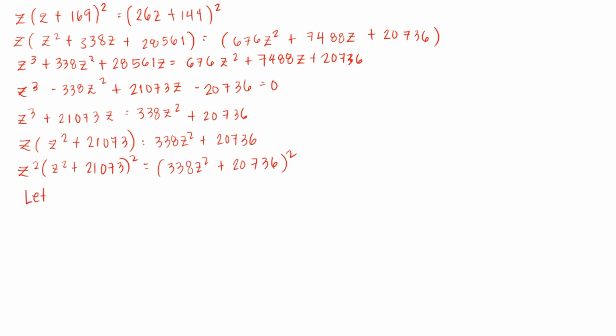Then let w is equal to z squared. Then substitute this in our equation. So this process you can repeat 3 to 5 times or more. So it depends on you.